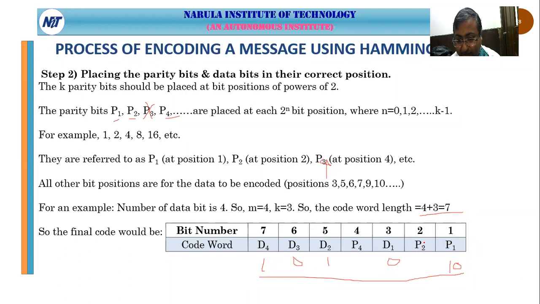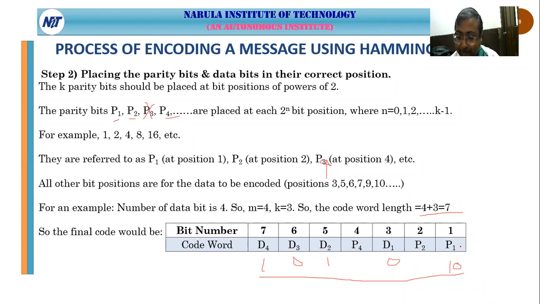Repeat this part again. For P2, starting from P2 and considering P2, that means P2 and D1, 2 bits, then skip 2 bits, then again consider 2 bits.